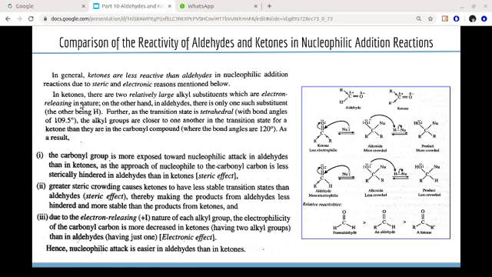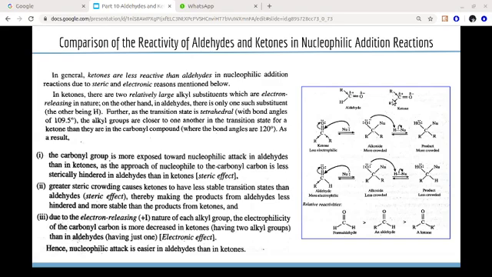In ketones, there are two relatively large alkyl groups which are electron releasing in nature. So in an aldehyde we have only one alkyl group, whereas in a ketone there are two alkyl groups which are electron releasing, and the two alkyl groups are large.